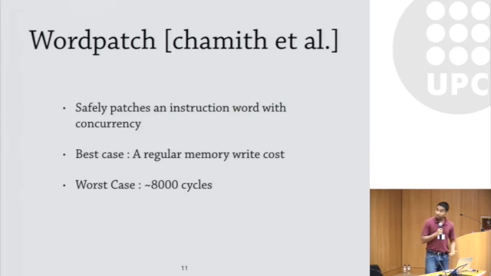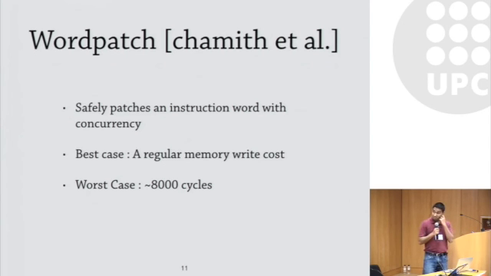So in a previous work, we came up with a protocol named Wordpatch, which can be used to safely patch an instruction word of an application without stopping it. With this protocol, the best case is just a regular memory write, but the worst case is when you want to patch an instruction which straddles a cache line boundary.